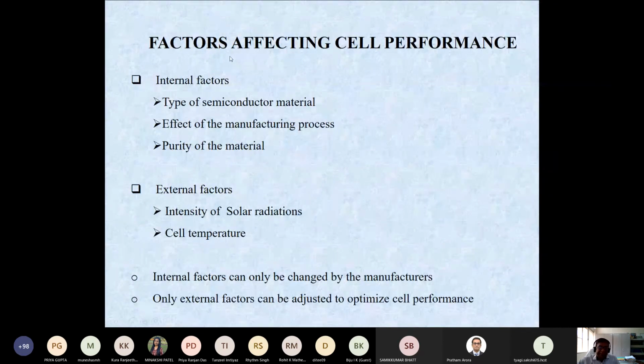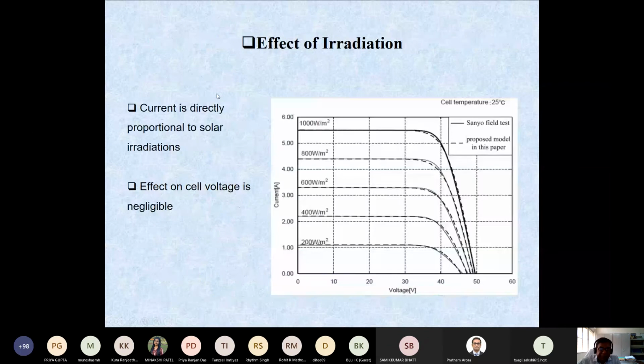Now I'll take 5-10 minutes for a simple method to size the PV system. Basically, like other electronic devices, the output of a PV cell is represented by an IV curve, and you know that IV curve.